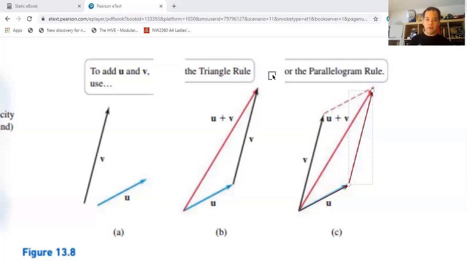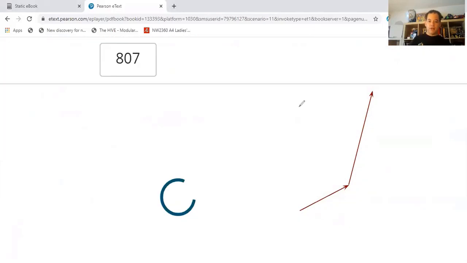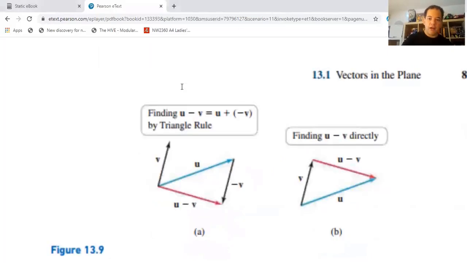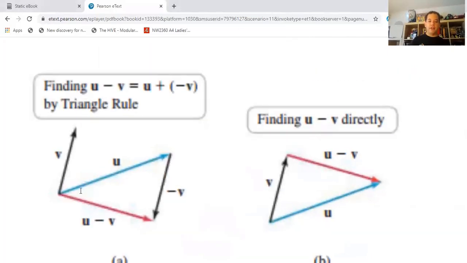So let me just show you another picture here. Okay, so here's a picture that illustrates how we can do the difference, right? And so if you have the vectors v and u, and you want to do u minus v, then what you can do is you simply add u with the negative of v, which is pretty much what they did here, right?